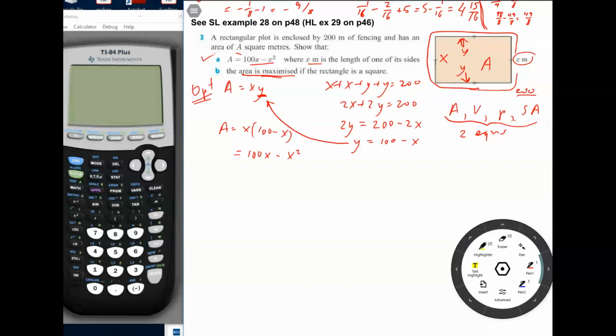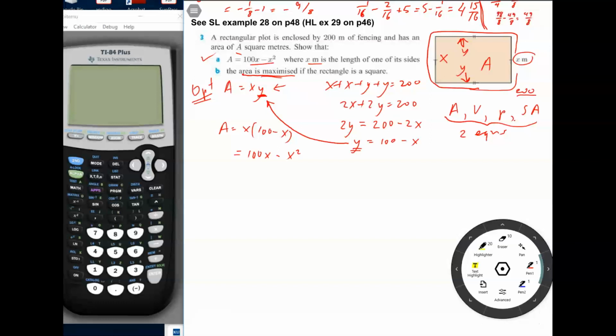How do we eliminate the y, the second variable? We take another equation, could be volume, could be perimeter, could be surface area. In this case, it's perimeter. And we write a second equation which has the same two variables, x and y, and then we solve for the variable we don't want, y, and then we get rid of y.